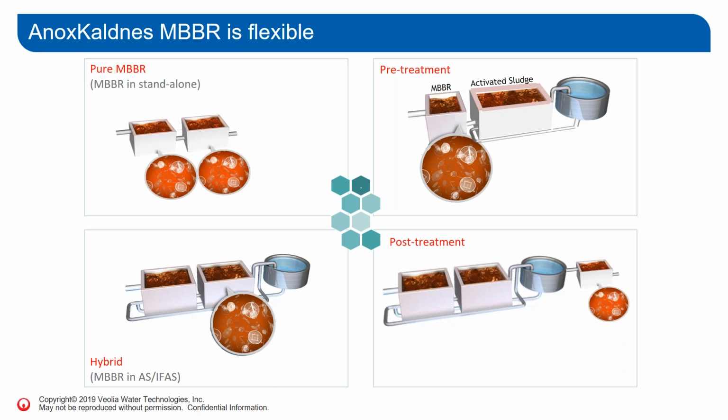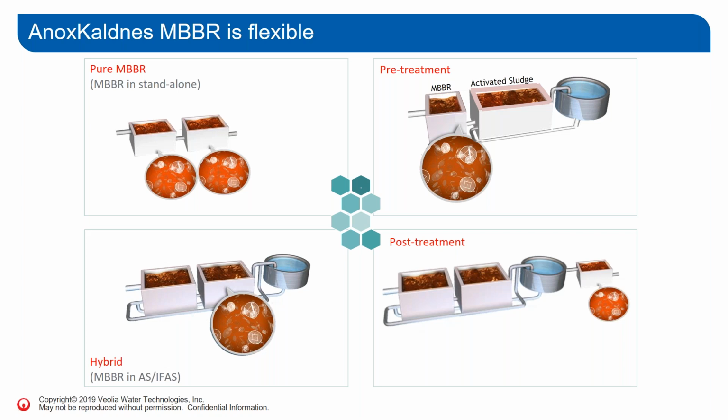Then we have hybrid, which is useful. There is a lot of application in municipal, and some in pulp and paper, and this is when you enhance your activated sludge process by having carrier media also in your aeration basin to maybe degrade complex, difficult compounds that will require very long solids retention time and so on.